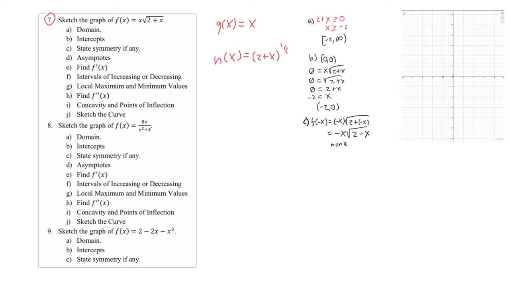And we are on number 7, by the way. And therefore, g prime of x is 1, and h prime of x is 1/2 times 2 plus x to the negative 1/2, and that is also known as 1 over 2 radical 2 plus x.